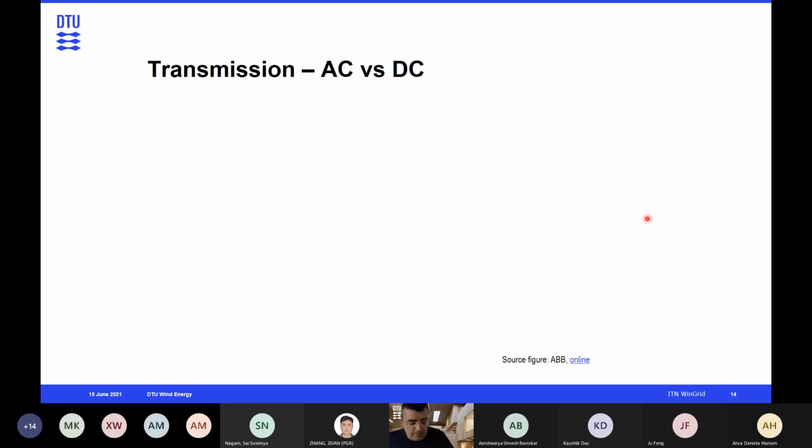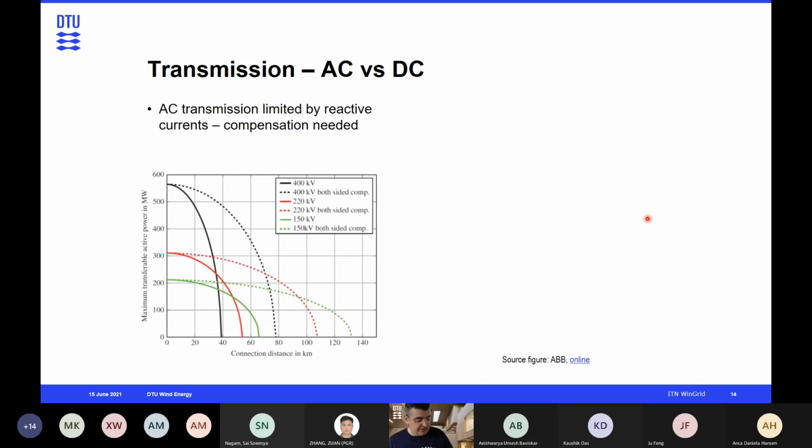Now, when we talk about transmission for offshore wind, of course, transmitting in AC is preferred because of the availability of the transformers and how simple they are. But AC transmission is limited by the reactive current, and then you need to compensate that.